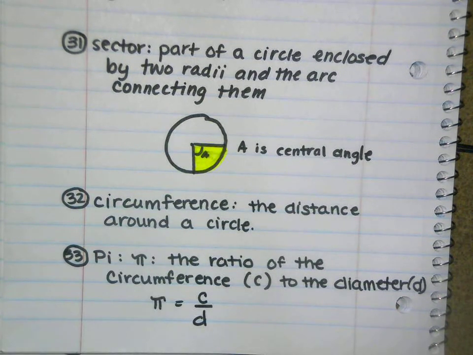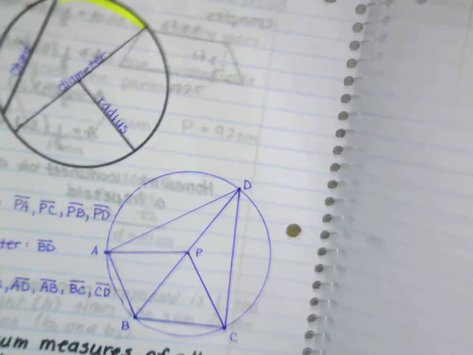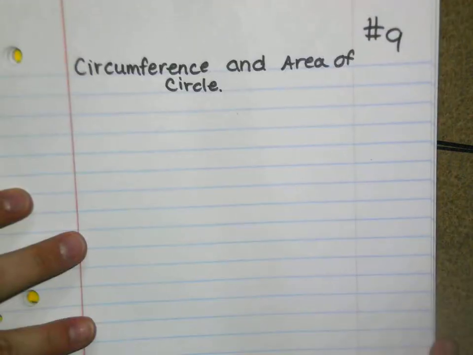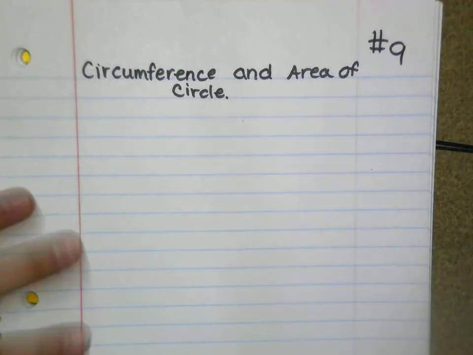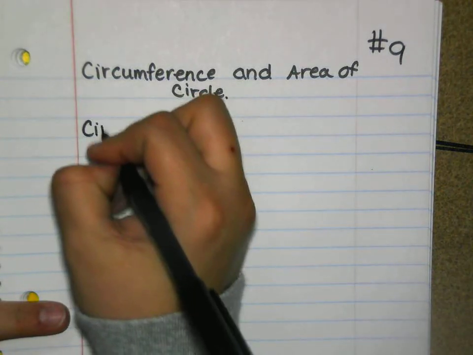Okay, so you can go ahead and pause if you need more time, or you can go back to your notes with me. Okay, so circumference and area of a circle. Let's go ahead and start with circumference.